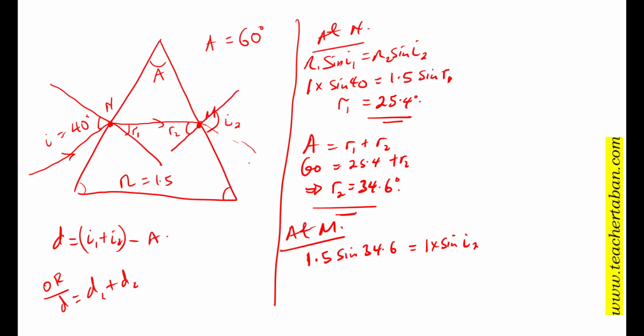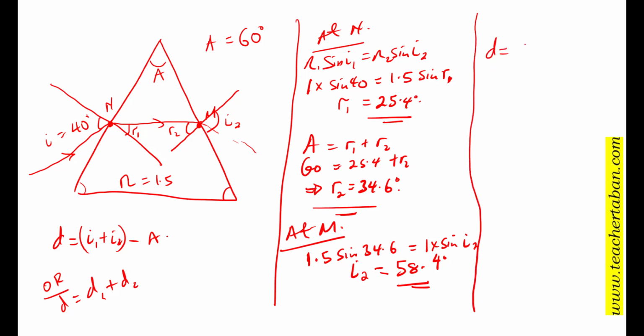In case you get an error, then it means that the ray underwent total internal reflection, as we shall see later on. So when you simplify that and calculate, you'll find that our I2 is equal to 58.4 degrees.